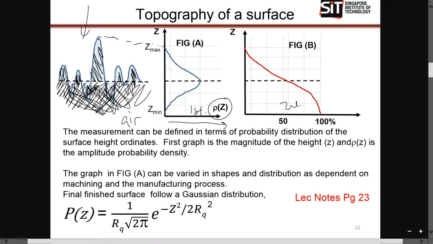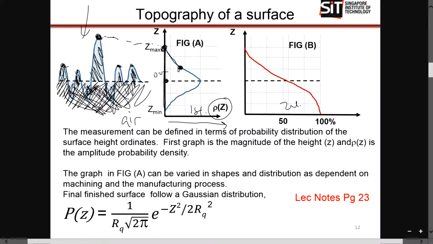So the probability for this height is very low, right? So therefore it's very low if you were to go here. The probability is like 0.0 something. As you kind of go up, as you kind of come here, you know that this point there is more probability now, right?